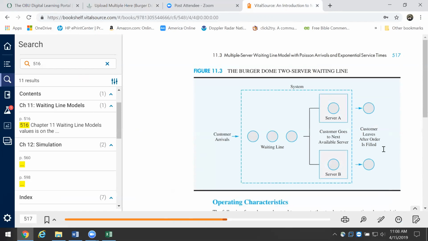Now, this part can get complicated if we're running a takeout and sit down operation. If you're dine in and then you have a takeout, that's very complex, and you almost have to have two different kinds of systems, because you're trying to balance people driving up and getting their order filled versus the people sitting there.